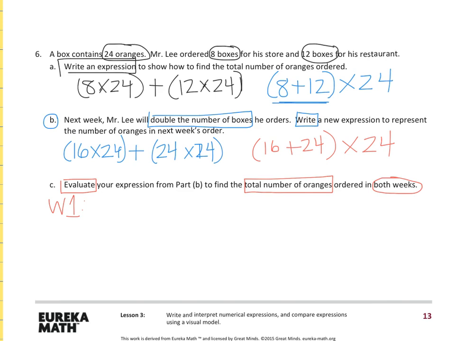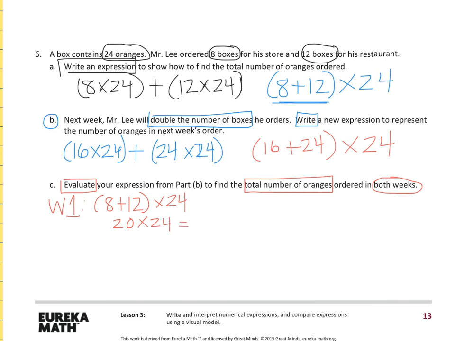And to find out how many oranges he orders for the first week, I'm going to solve for the expression that we wrote, 8 plus 12, and then times it by 24. That's going to be 8 plus 12 is 20 times 24.